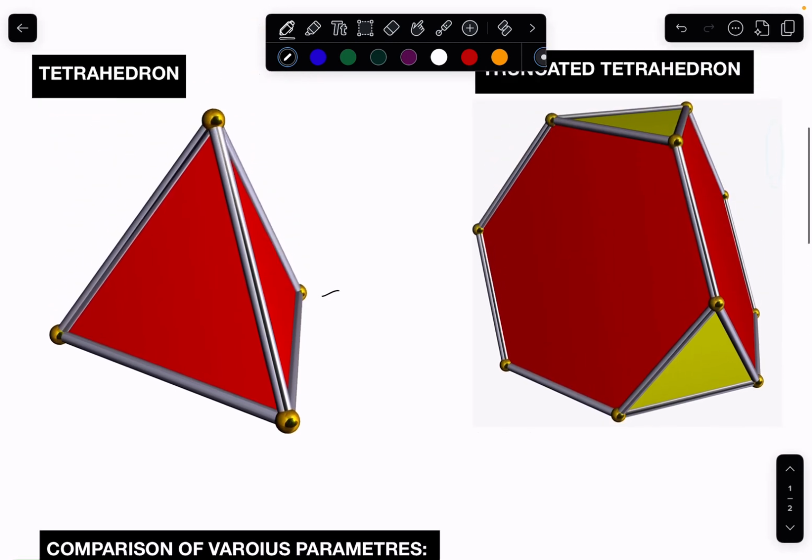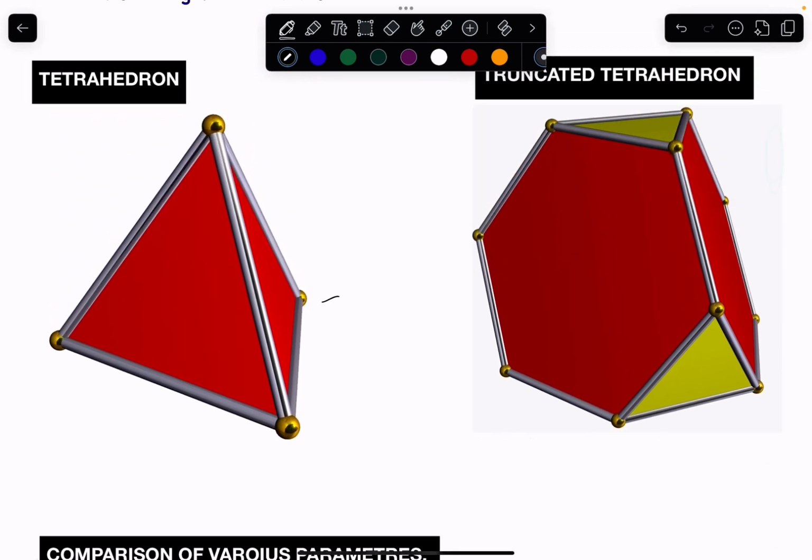And now let us calculate the number of edges. Due to the truncation, here one triangular face is produced. This triangular face has 3 edges.